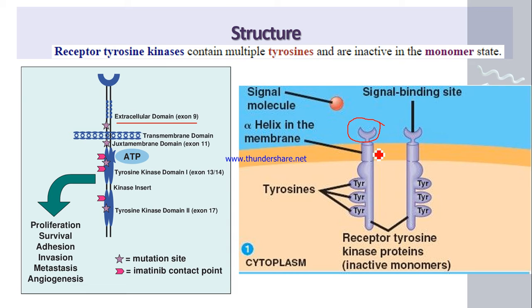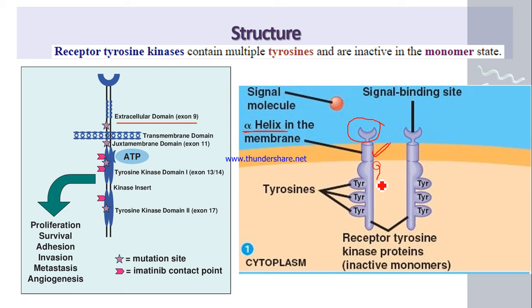Another part is in the cell membrane, called the transmembrane domain, and it contains an alpha helix part.